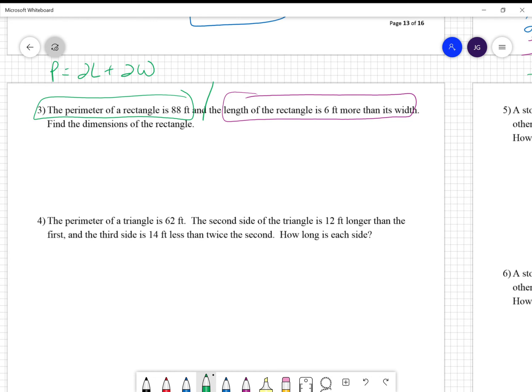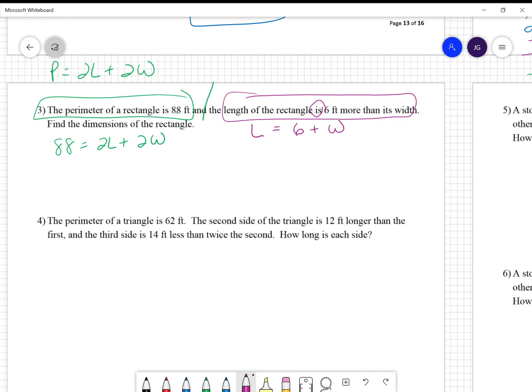I know P is 88, so my first equation is going to be 88 equals 2L plus 2W. My second equation, length of a rectangle is 6 feet more than width. Length is 6 more than width.